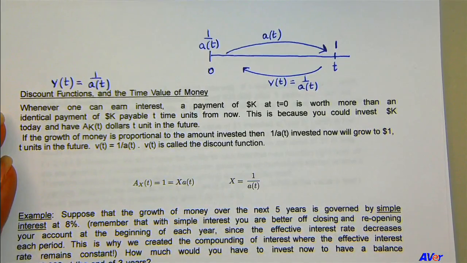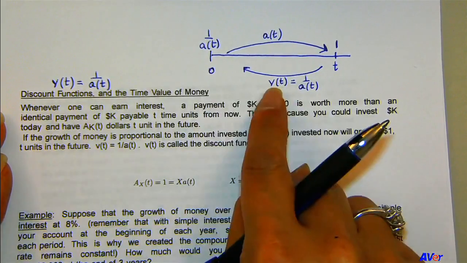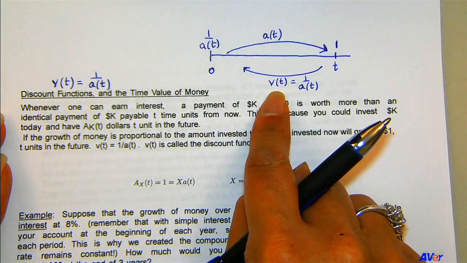V of t takes whatever at the end, let's say k at the end, and if you do k times v of t, it will bring it back to the present moment. So this multiplication by v of t, which is called the discount factor, gives you the present value.